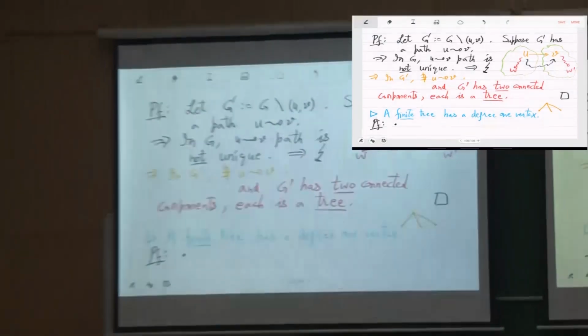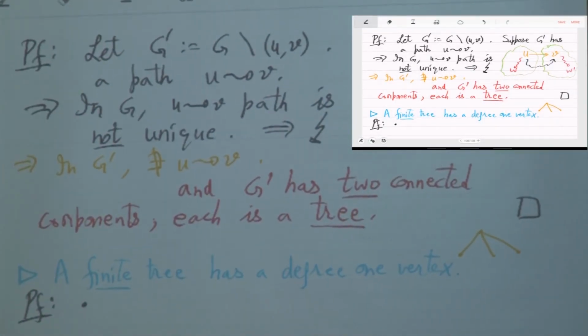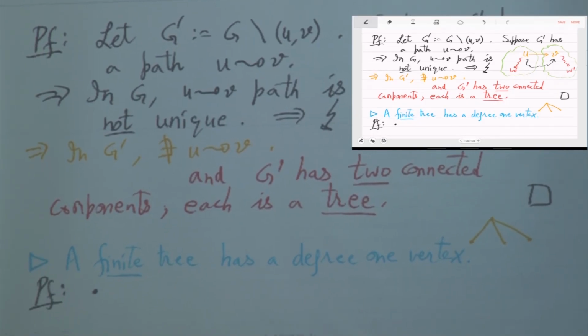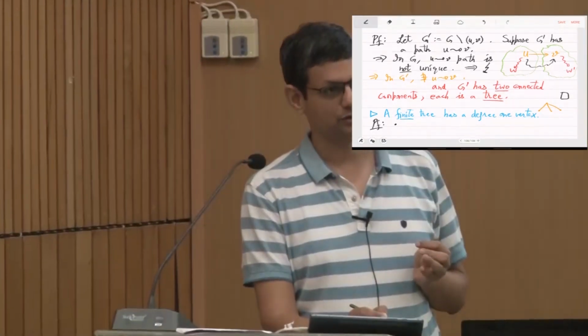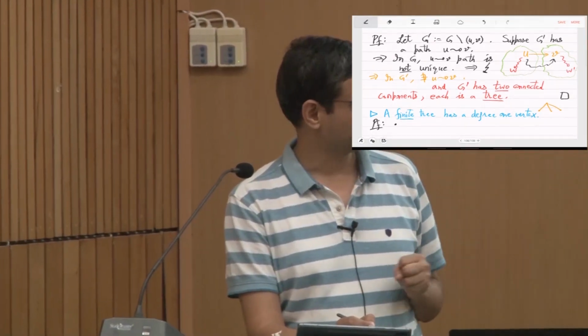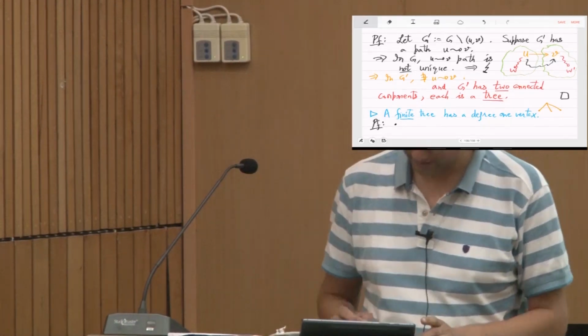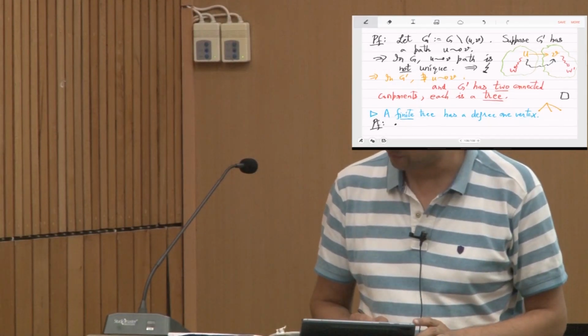Right, yeah, so you have to give a proof of that type. So the idea here is, you basically have to use finiteness, right? If you look at an infinite tree, can you give an example where there is no vertex of degree 1? Every vertex has degree high. Exactly, right? So infinity is a problem here. But if you want a finite tree, then there has to be degree 1. So you use this finiteness assumption.